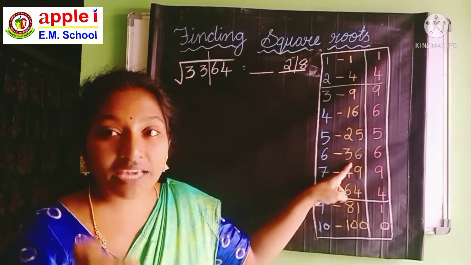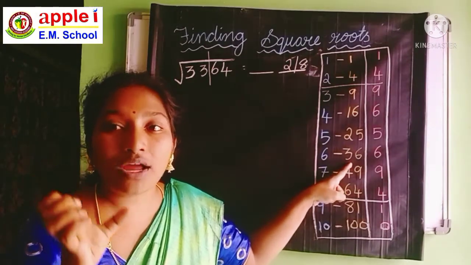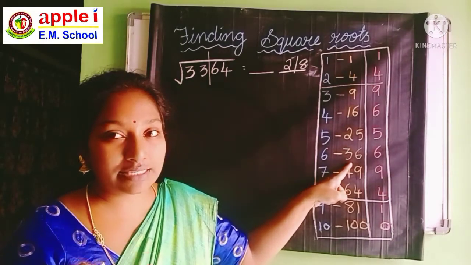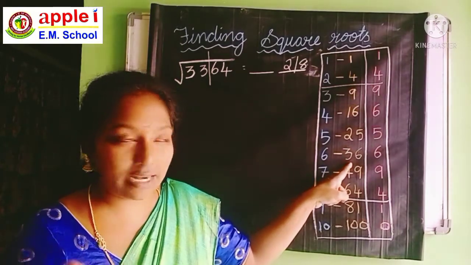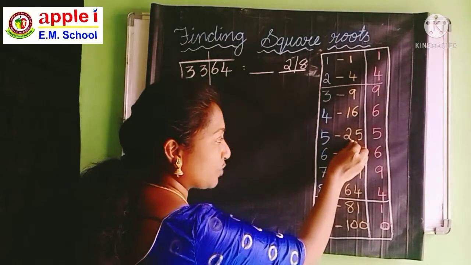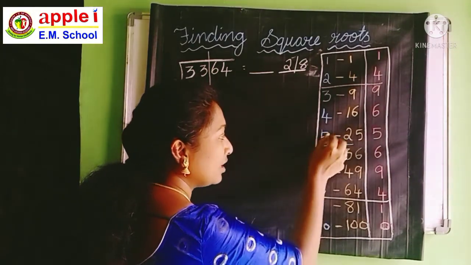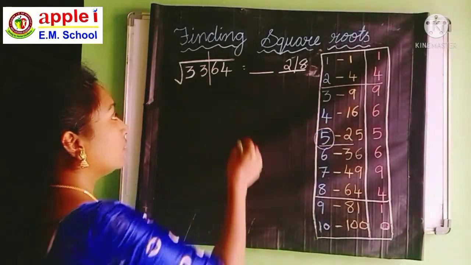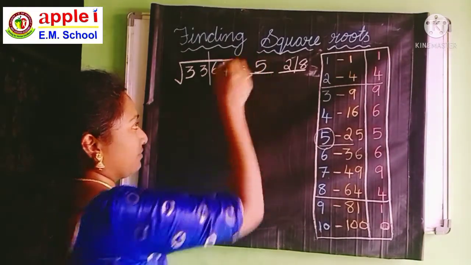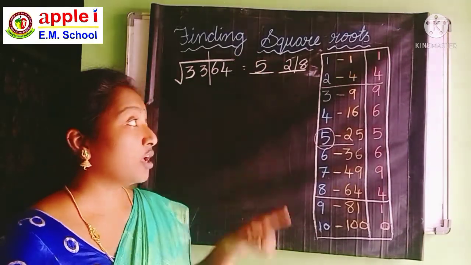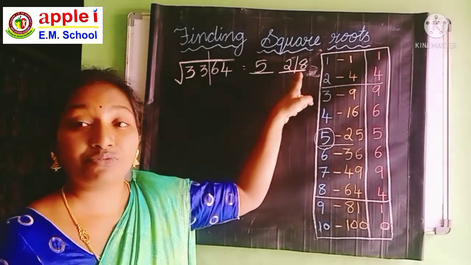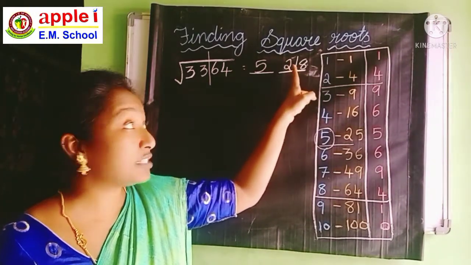So we have to take the smallest number. The smallest is 25, so see the corresponding number, 5. Write 5. Understood?